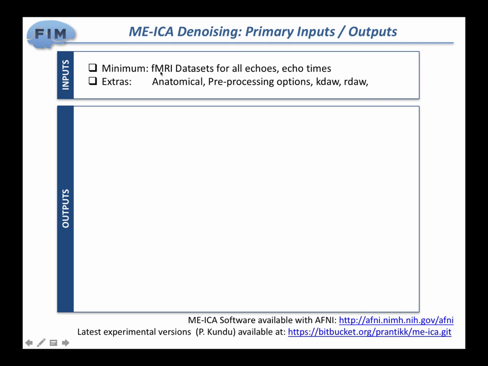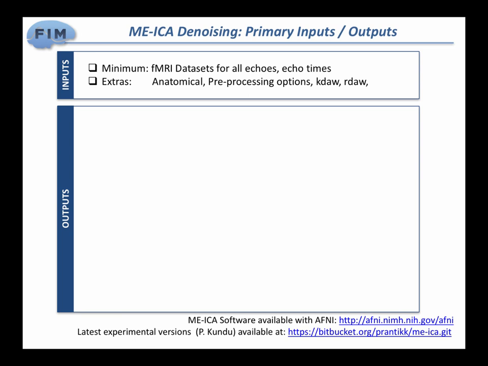And this is because the MEICA software as it's distributed has 2 parts. It has a program called meica.py, whose idea is that you give it this and it just does everything for you. It has a specific way of pre-processing the data, it will do the alignment to the anatomical, and then at the end it will do the echo dependence analysis and give you the optimally combined and denoised time series.